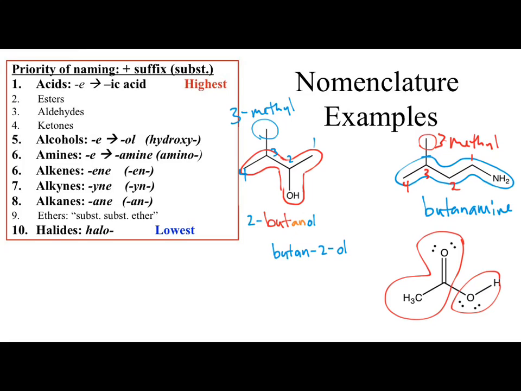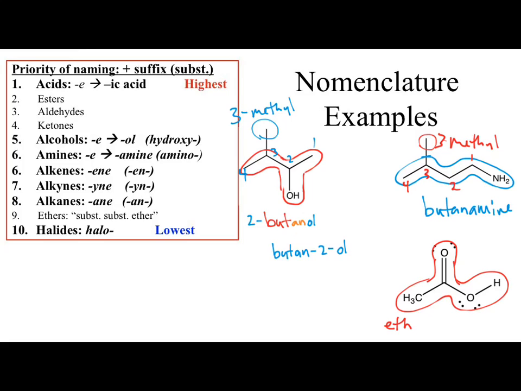Not particularly an easy way to come up with it, so let's come up with the IUPAC name. What's the longest carbon chain? We got 2. I'm going to circle all of that because the carboxylic acid is part of the main chain. So with 2 carbons, I've got what name? Eth.